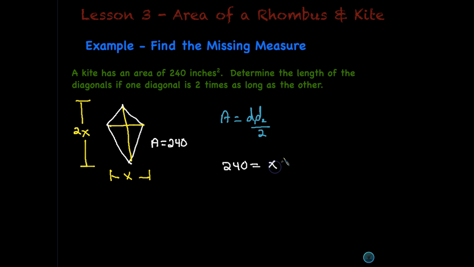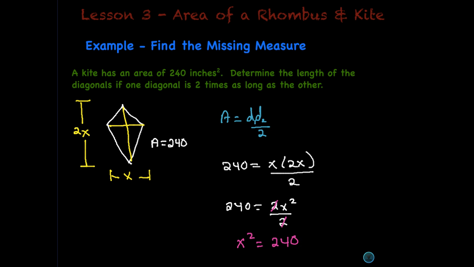One is x and the other is 2x. And then we can divide by 2. So what I'm going to do is multiply x times 2x and get 2x squared. 2 times 1 is 2, and x times x is x squared, divided by 2. In this situation, I'll simplify by eliminating my 2's. 2 goes into 2 once. And I'm then just left with x squared equals 240.